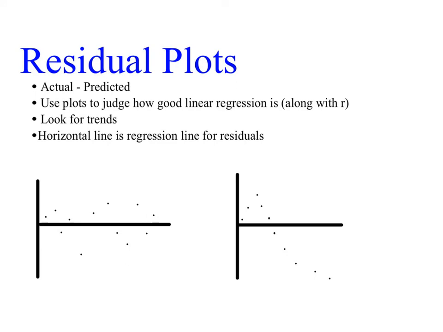This was a great way to judge how good linear regression really fit the data, along with your correlation and your R-squared. Trends meant we could do better. A random scattering of points about the horizontal is good. This is what we want. A trend means that a different equation would work better.